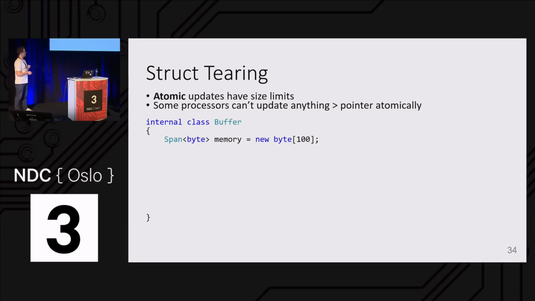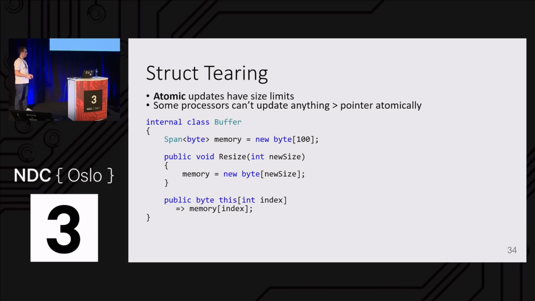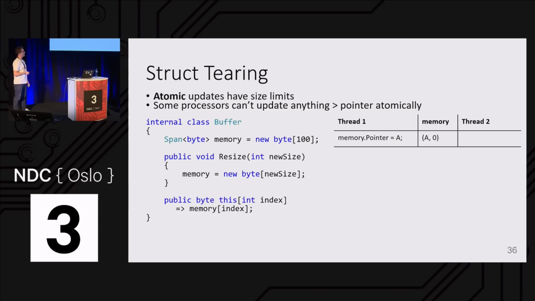Let's consider this example. We have a public class which has a private Span field. And we have a public method that allows to update the state, and another public method that allows to read the state. And we have 2 threads and the state of the memory. When the first thread decides to set the pointer to A and length to 100, first thing it does, it points to A. So the value of memory is A and 0, because 0 is the default value for integers.